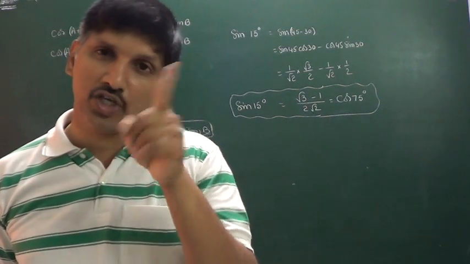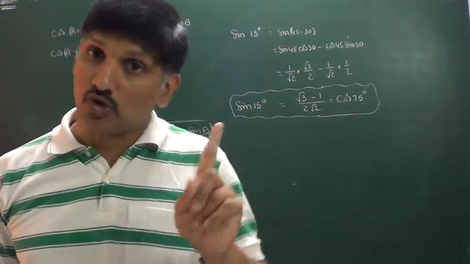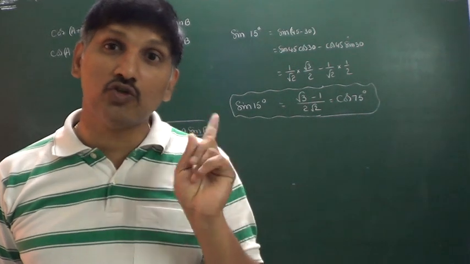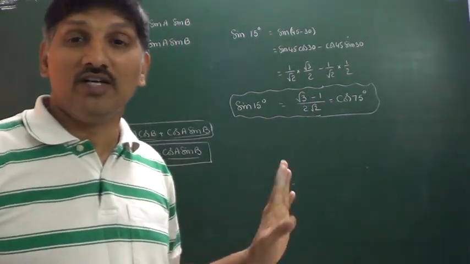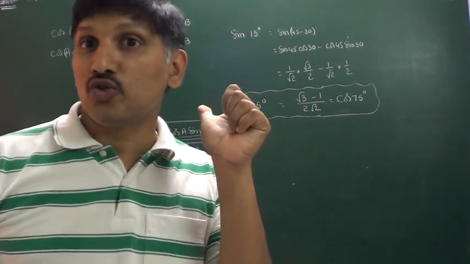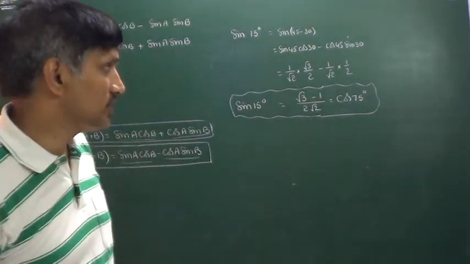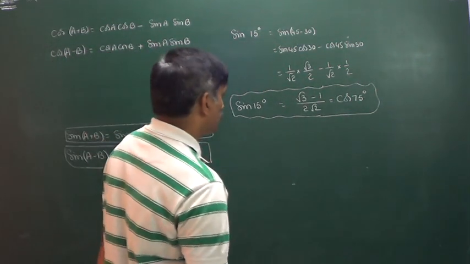Yes, you have to remember these values by heart for objective exams. For subjective exams, the procedure is also required. Sin 15 degrees is equal to (root 3 minus 1) by 2 root 2.